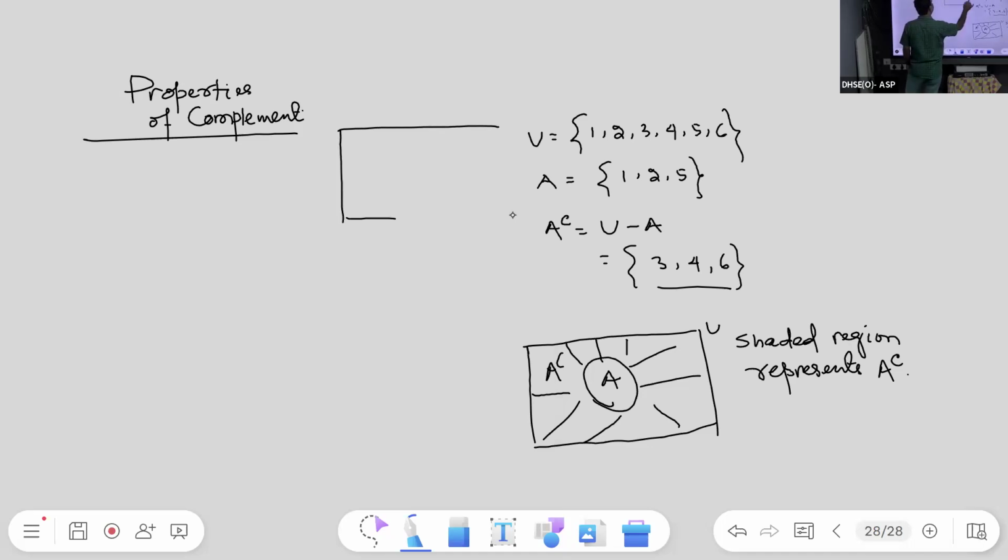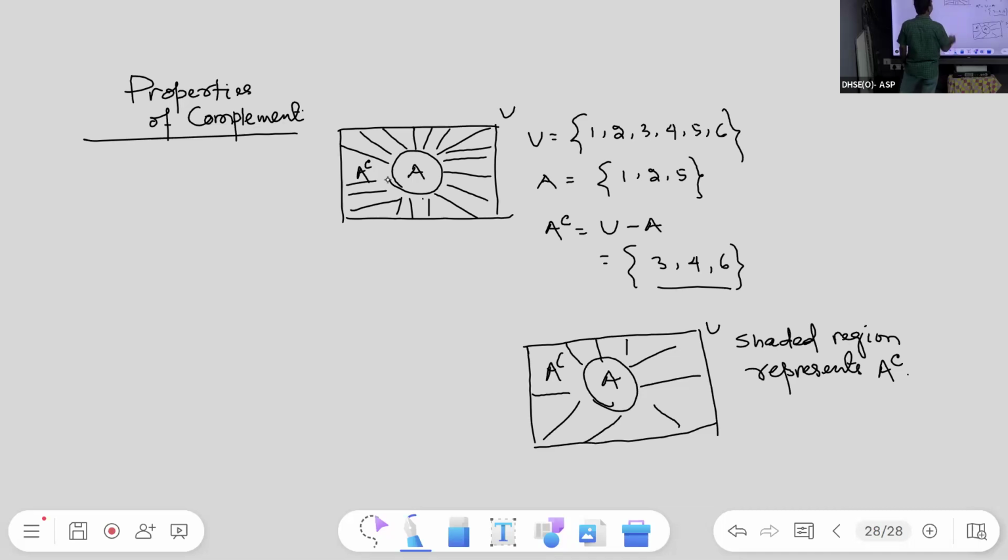This is the universal set U. A is the subset of U. This is A, and this region is A complement. Okay, properties of complement, write down.